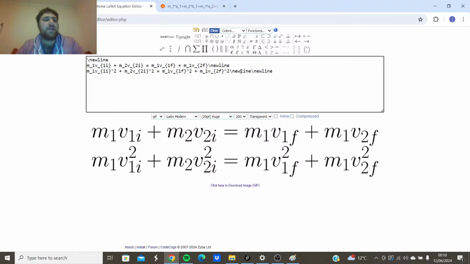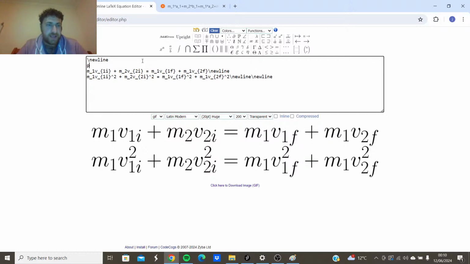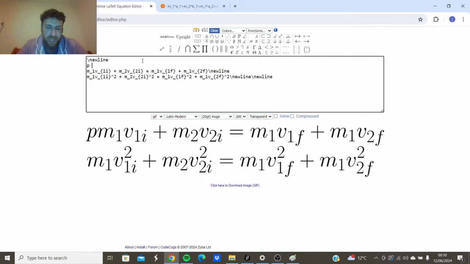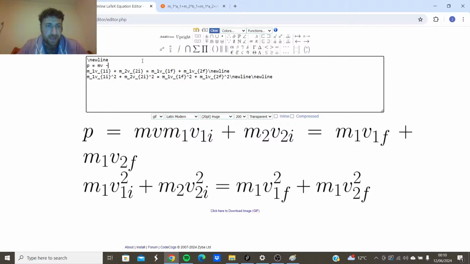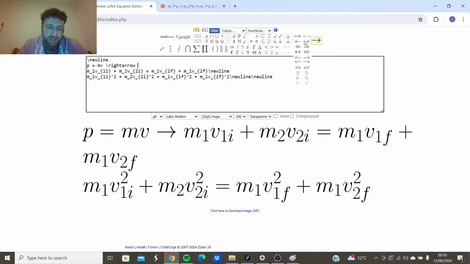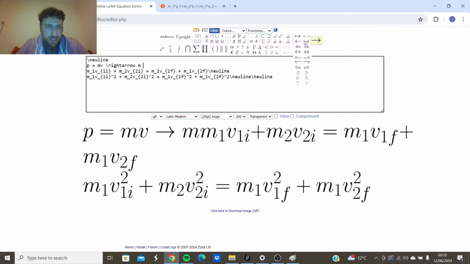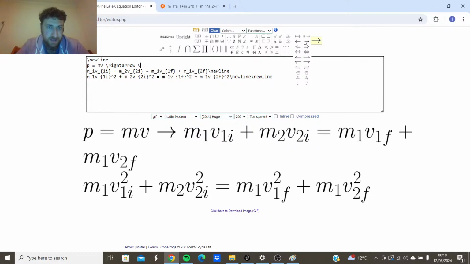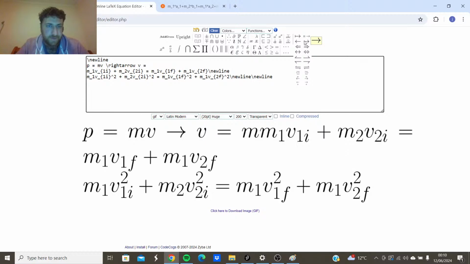The next thing we want to do is replace velocity with momentum. So we're going to make the substitution that p equals mv, and thus that also means that v is equal to p divided by m.